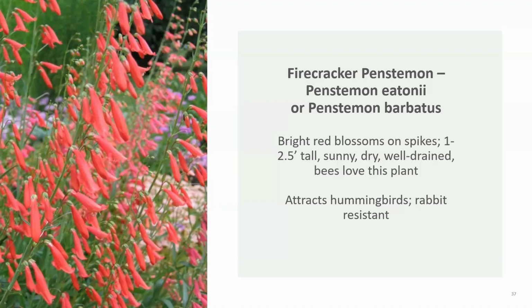The firecracker penstemon only blooms for a week or two in June, but Penstemon barbatus is the one that I would recommend because you just get so much mileage out of that. Bright red blossoms on spikes 1 to 2.5 feet tall, sunny, dry, well-drained locations. Bees love all penstemons. Also, they attract hummingbirds and are said to be rabbit resistant.